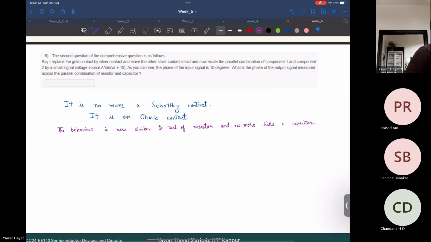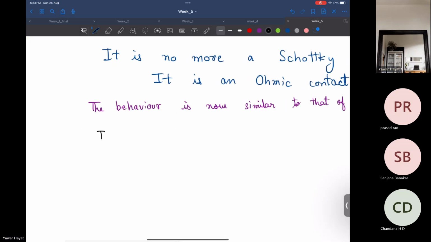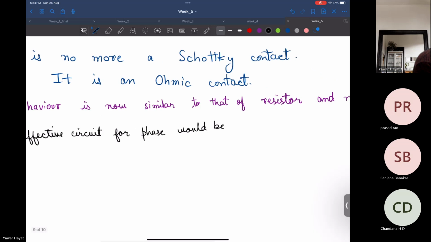Okay. So what would be the effective circuit for the phase would be following, right? Let me write that. The effective circuit for phase would be following, right?